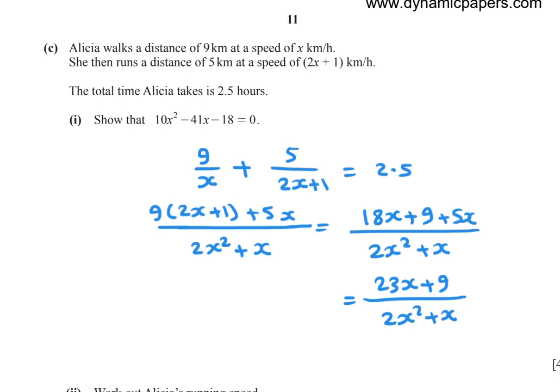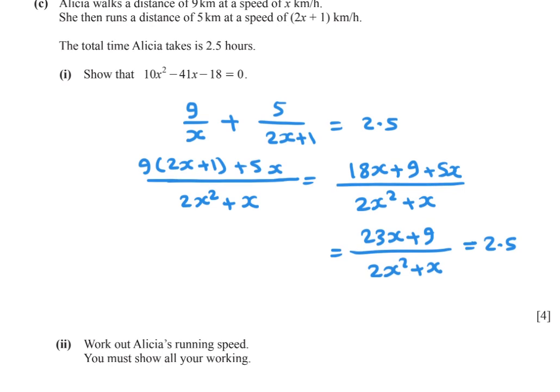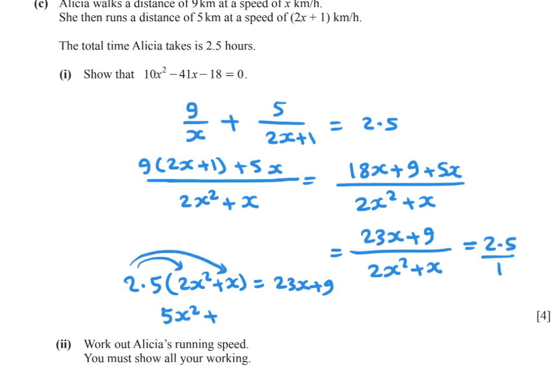Now this equals 2.5. So you can cross multiply. 2.5 times 2x squared plus x equals 23x plus 9. 2.5 times 2, so 5, so 5x squared. 2.5 times x, 2.5x. Now transpose 23x and 9 to the other side, so minus 23x minus 9 equals 0.